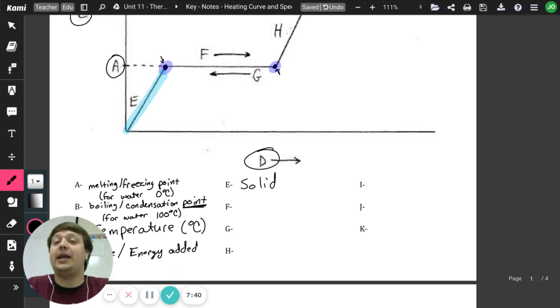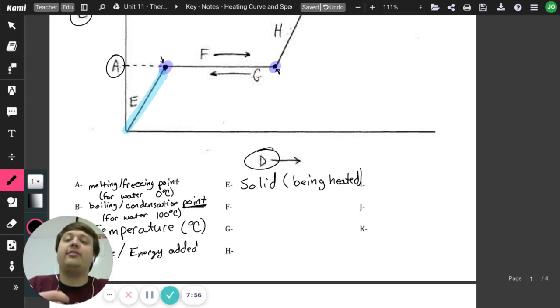Now, if we're talking about a heating curve, which we see right here, this is going to be the solid being heated. Okay? If it were a cooling curve, then it would be the solid being cooled. Now, this is 100% solid. You will not find any liquid. You will not find any gas. It is all solid during that phase.